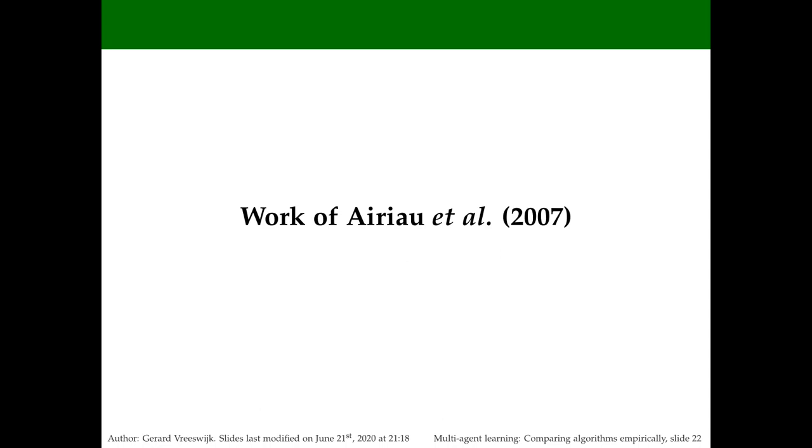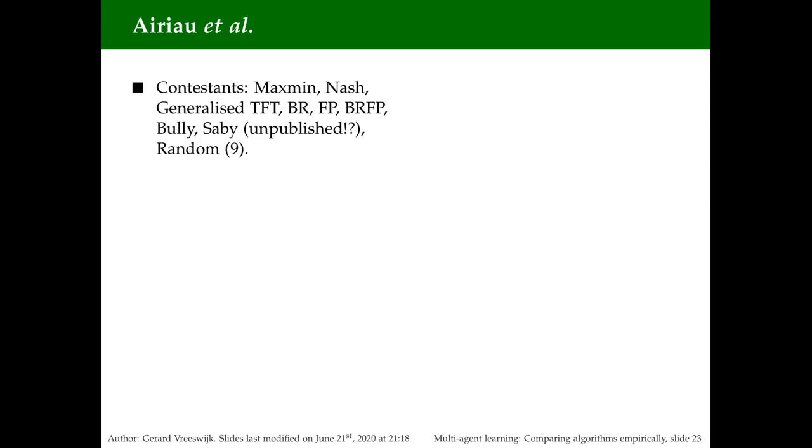The last work we discussed is of Airiau and associates of 2007. Here the contestants were Max Min, Nash, generalized tit for tat, best response, fictitious play, and best response to fictitious play, where you play best response if you suppose that the other is a fictitious player, Bully, Sabi.